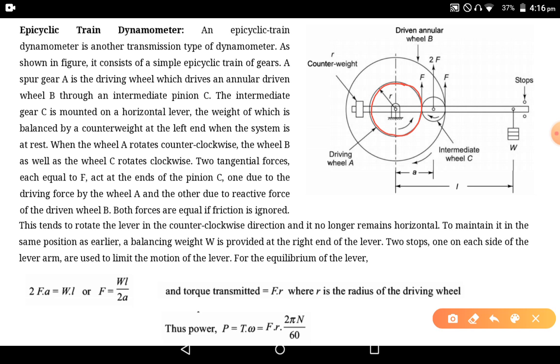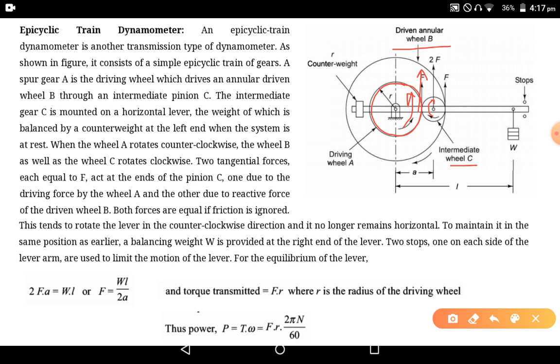When this is rotating, it will engage with the other intermediate wheel or planet wheel, which is shown by wheel C. This wheel C will rotate in a direction opposite to this, right. So this driving wheel will apply a force F on this planet wheel, right.